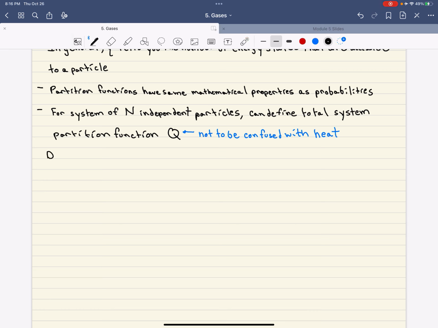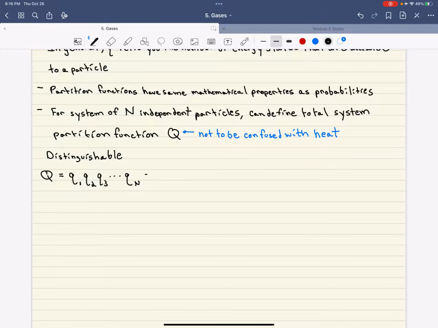For the distinguishable case, where particle 1 is different from particle 2, which is different from particle 3, capital Q is just the multiplicative product of the partition functions for each individual particle: q1 times q2 times q3 dot dot dot times qn.